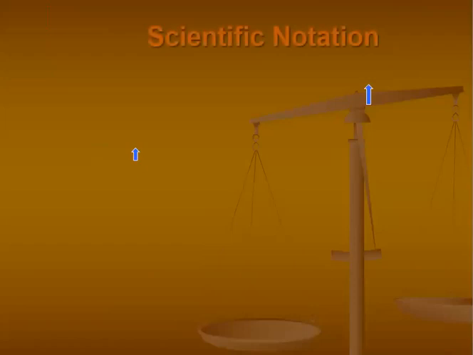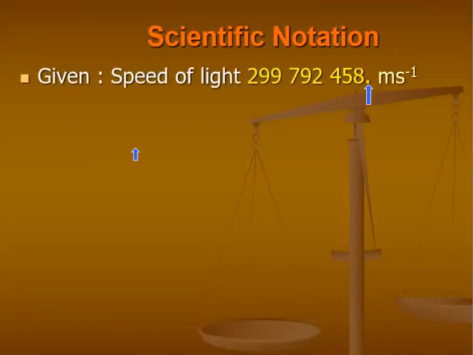Then let's move on. Now let's say you've got the speed of light. It's a very large number. How do you end up putting that as a scientific notation? All right, so you can see that you are going to move that decimal 8 places to the left.